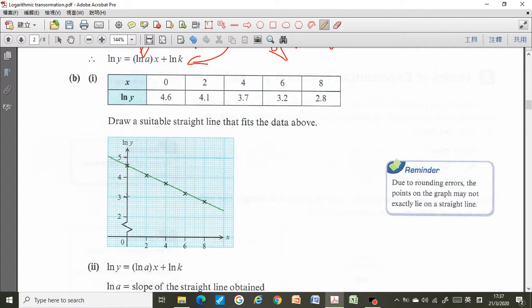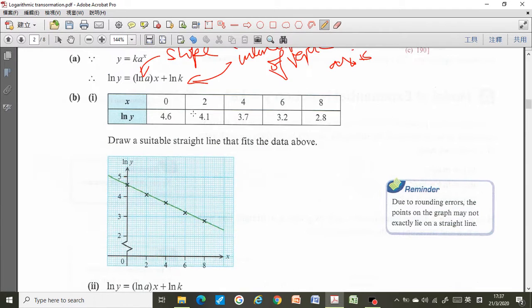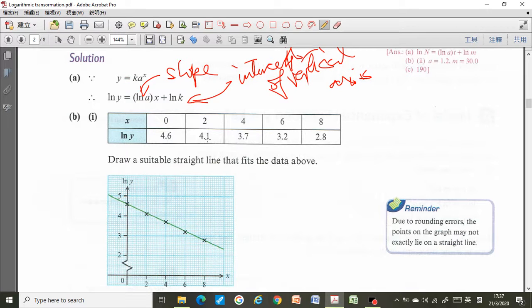You see that there are 10 subdivisions between 2 and 3. That means every subdivision is 0.1. So your value is correct to the nearest 0.1. And the x is still here, so you need not take any logarithm, so you just take 0, 2, 4, 6, and 8.